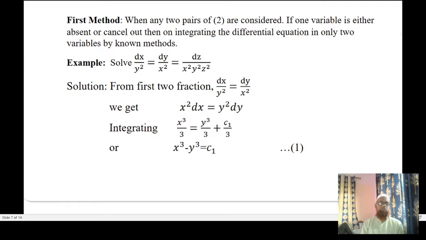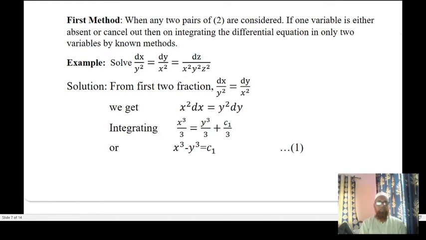If one variable is either absent or cancelled out, then we integrate the differential equation in only two variables by known methods, that is variable separable. So we are able to separate the variables x and y, which is easily integrable. This is called the first method.